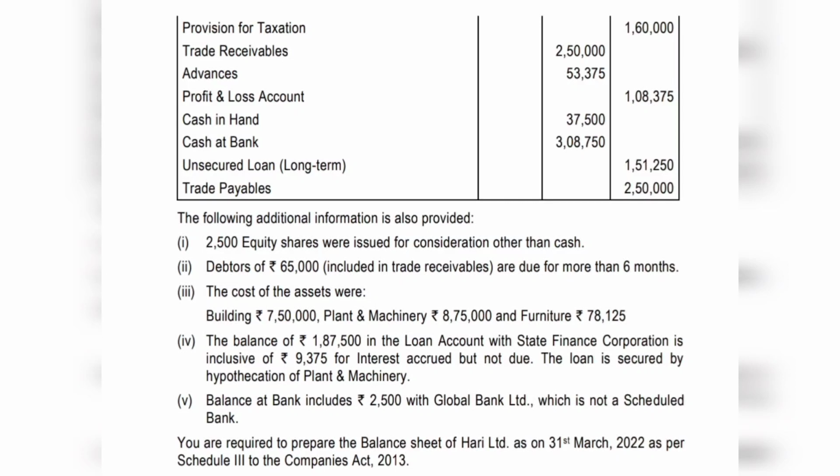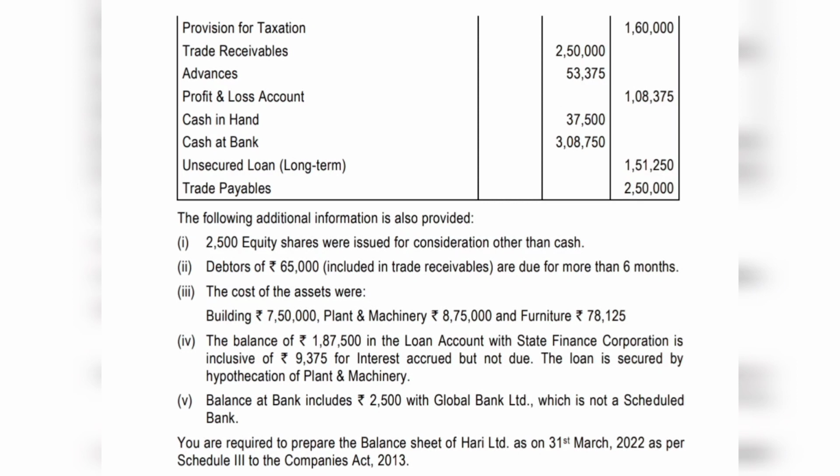Apart from this, many particulars are given, that is, 2,500 shares were issued for consideration other than cash. That means, while entering the capital account, subscribed and paid up capital, as I had already told, we have to deduct the calls in arrears. And one more thing we have to mention is that 2,500 equity shares were issued for consideration other than cash.